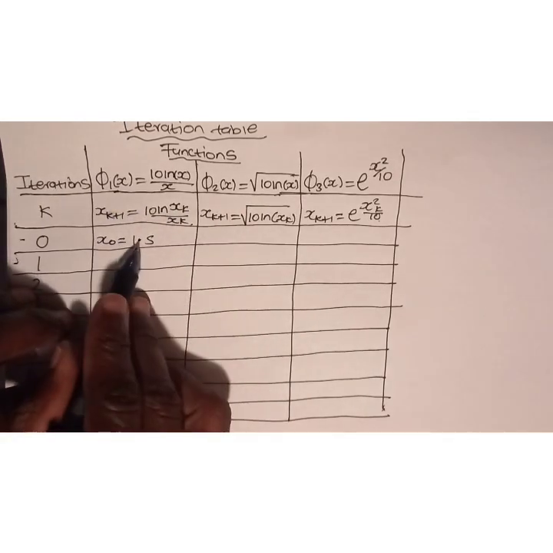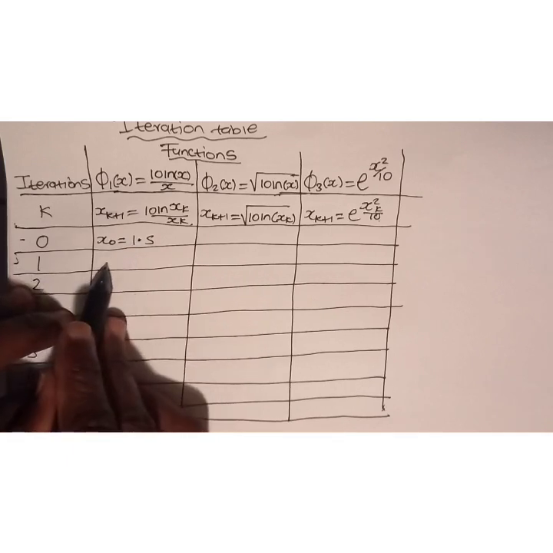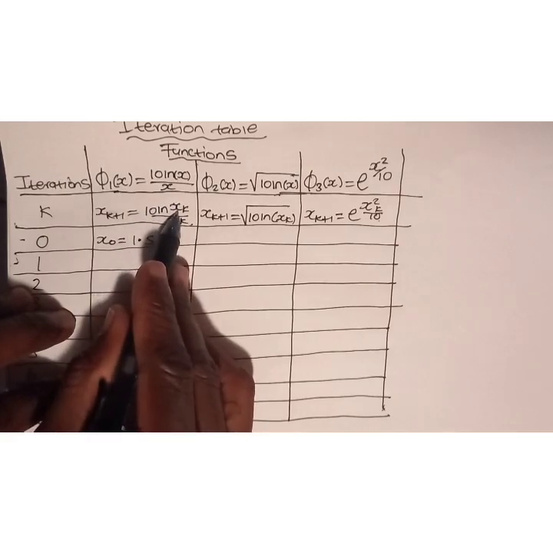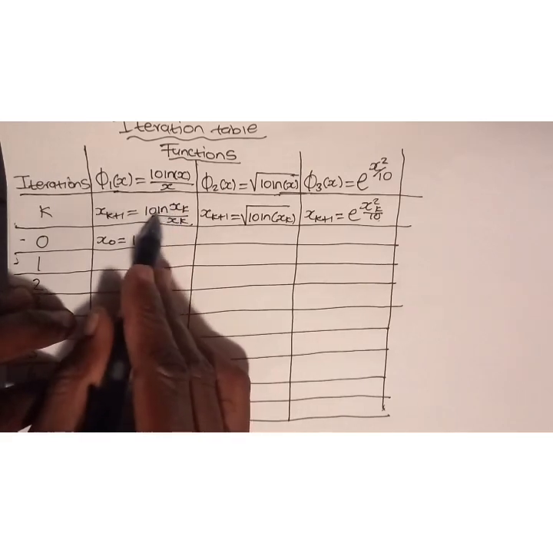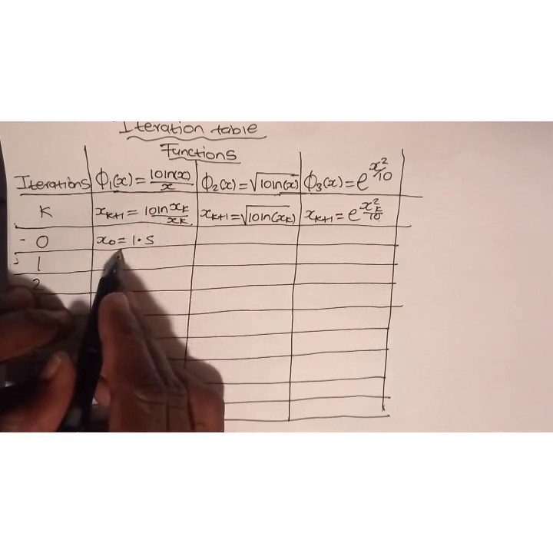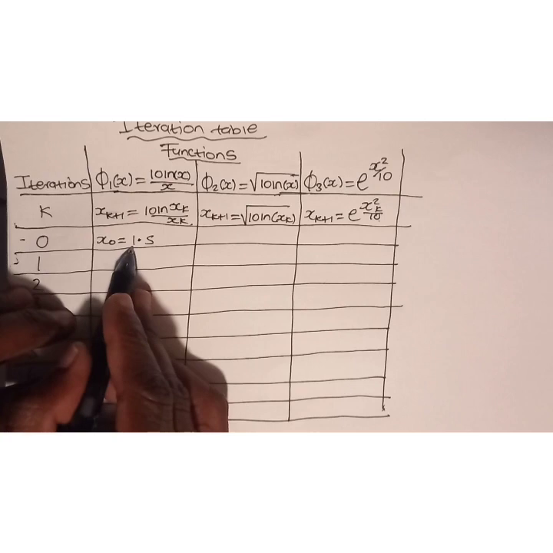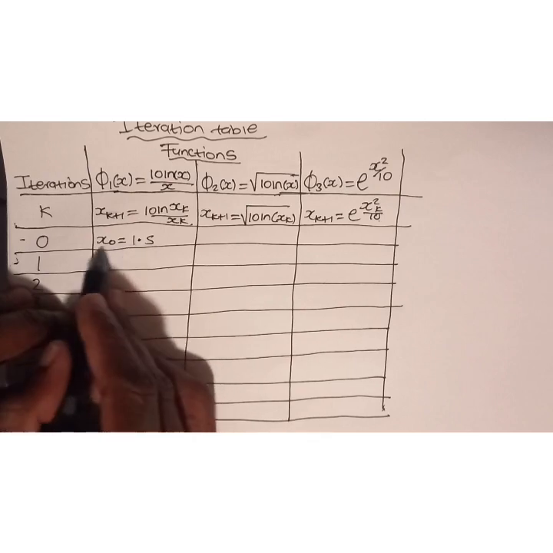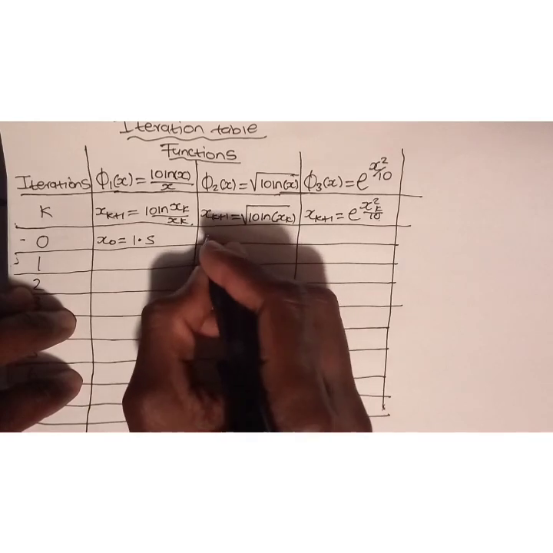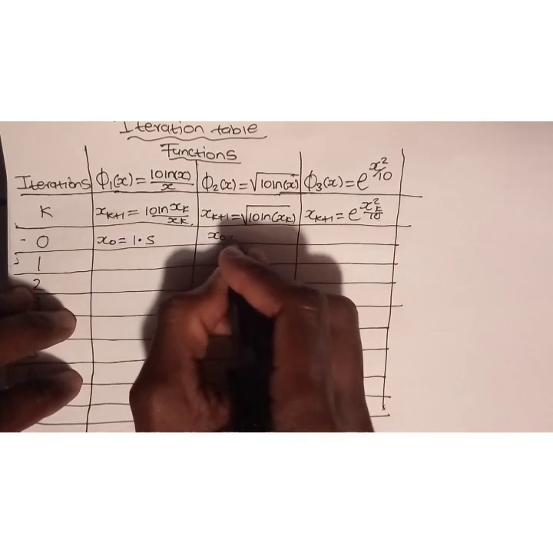The reason being, if I choose 1, it will make my next iteration undefined, since ln of 1 is 0. And if I choose anything between 0 and 1, I'll have a problem. I can choose anything bigger than 1, but I chose this. The case is similar for this one, but allow me to choose my initial guess here to be 2.